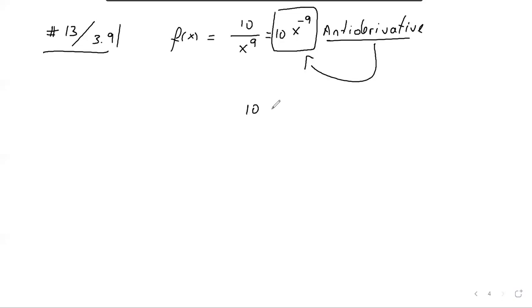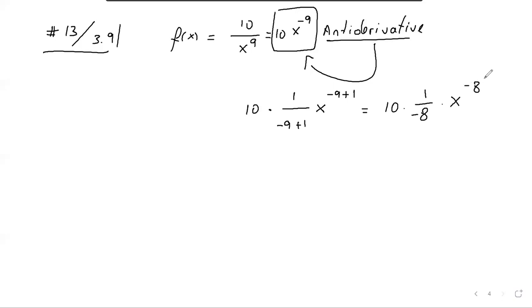The antiderivative is going to be 10 times, and let's be careful here, x to the negative 9 plus 1 over negative 9 plus 1, because that's the formula, right? When I do the antiderivative of x to the negative 9, I get that. And this is 10 times 1 over negative 8, x to the negative 8.